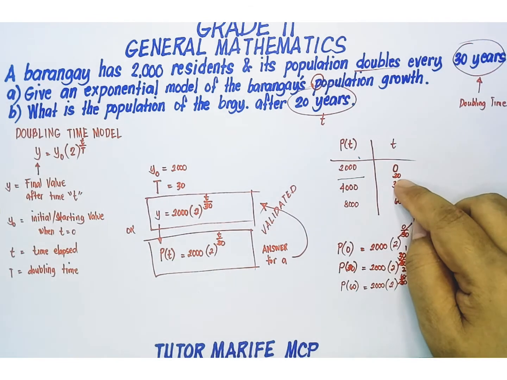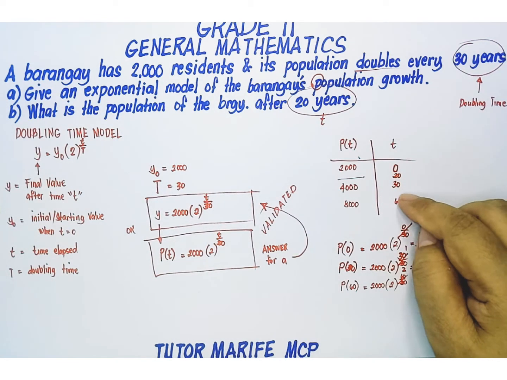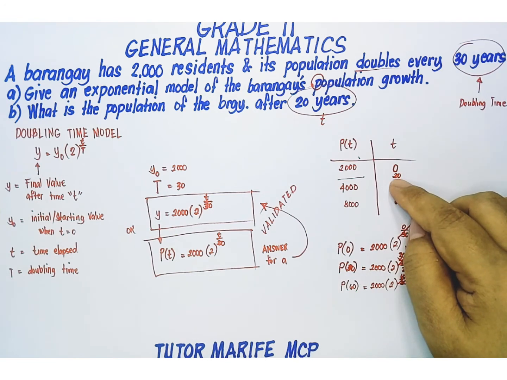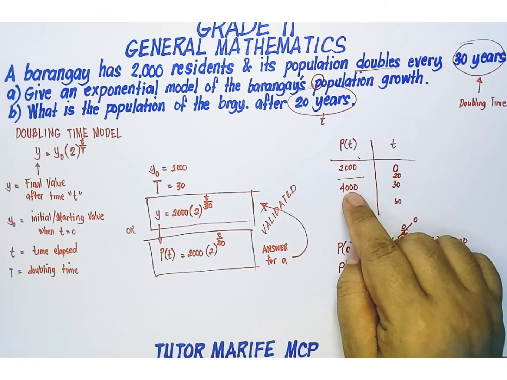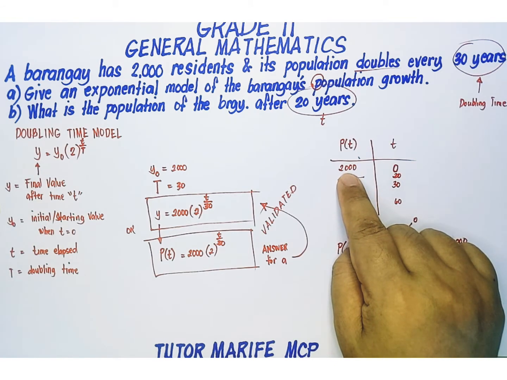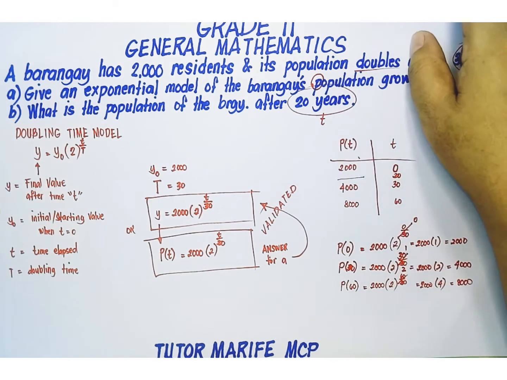Kasi nga, dodoble pa lang ang population after 30 years. Kung ang given time mo is less than 30, that means hindi pa dumodoble yung population. So it's impossible to have an answer that's equal to or more than 4,000. And it's also impossible to have an answer that's less than 2,000.